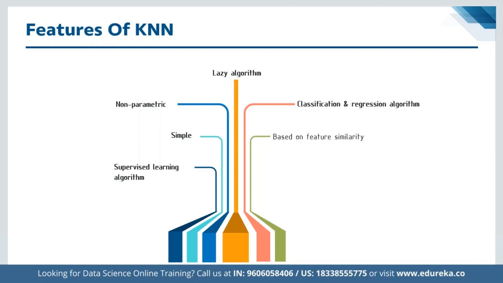That can be one of the features. How do the ears look? That can be one of the features. What about the tongue, the face, and so on? There can be multiple such features, and how similar these features are between two data points is used by the KNN algorithm. And as I said, there is no training step involved. So these are the features of the KNN algorithm.